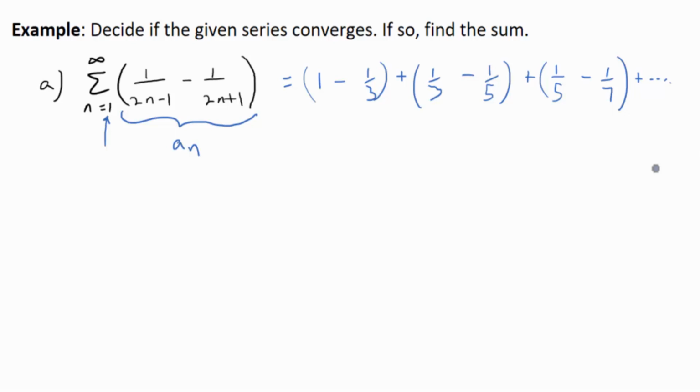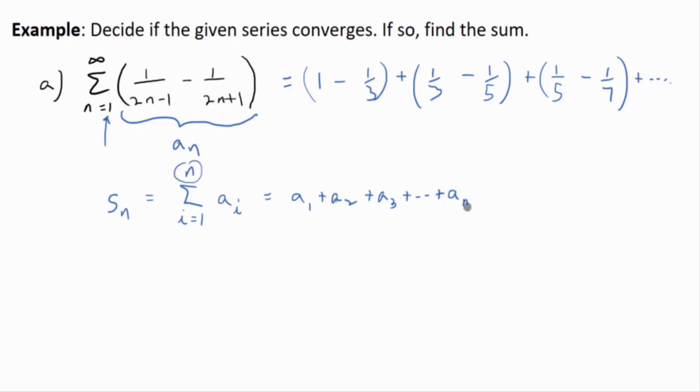So in general, what does Sn represent? It's the sum from i equals 1 to n of a sub i, which denotes a1 plus a2 plus a3 plus dot dot dot plus an.